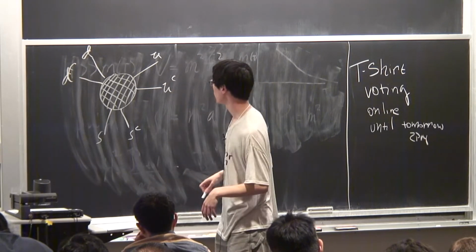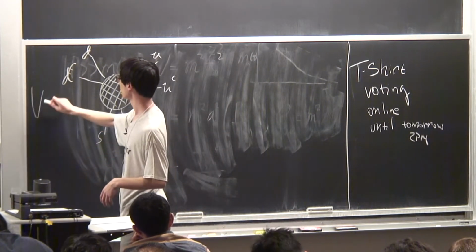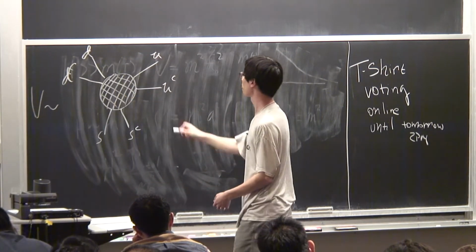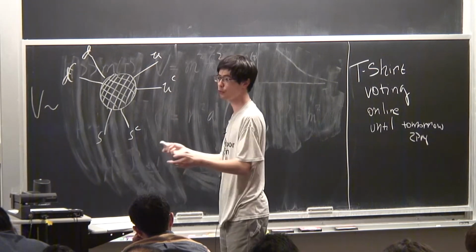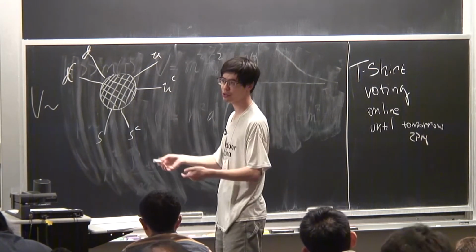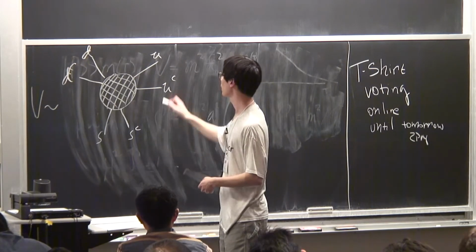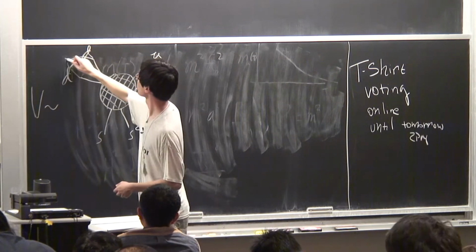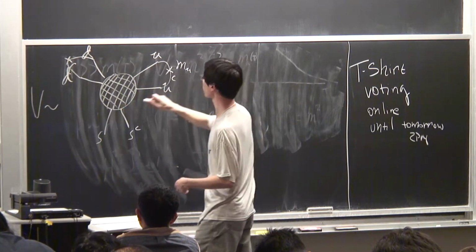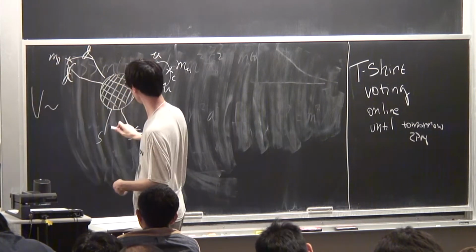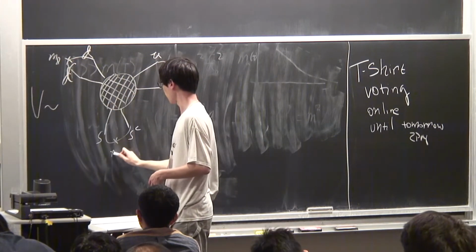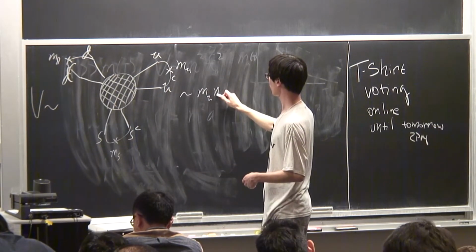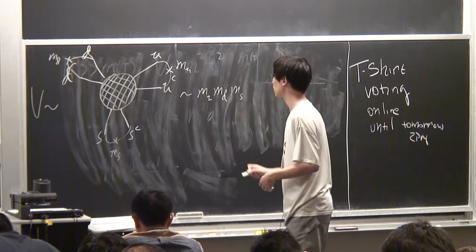Okay, and so your potential for the axion scales like this. And now I have to get rid of all these fermions. Because I'm interested in temperatures of order the confinement scale, around a GeV, around 100 MeV, I'm just going to close these loops with mass insertions. So there's an m_u, m_d, m_s. And so this number is m_u m_d m_s.